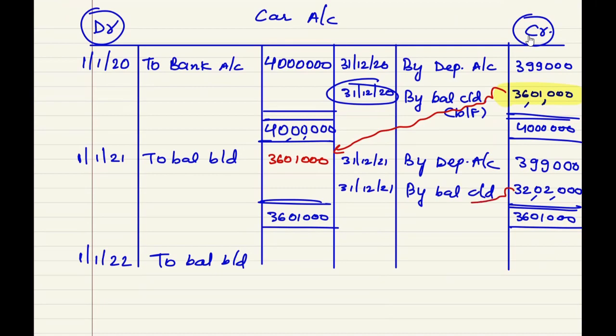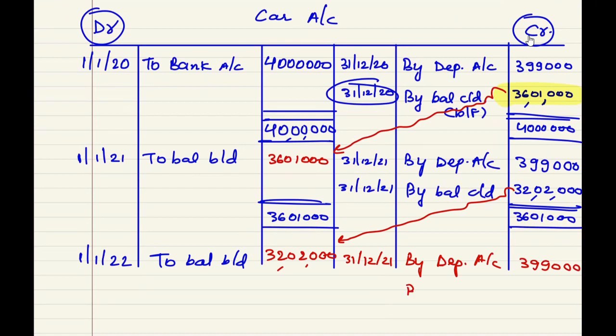From here it will come to the next year, because the remaining value is 32 lakh 2,000, and again depreciation will be passed. So by depreciation account 3,99,000, and then balance carried down.